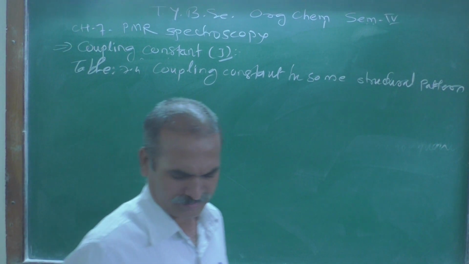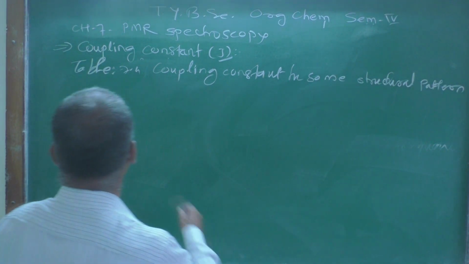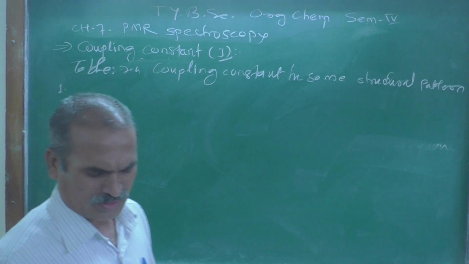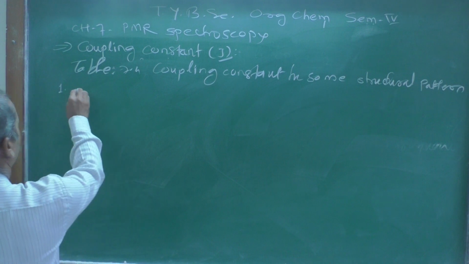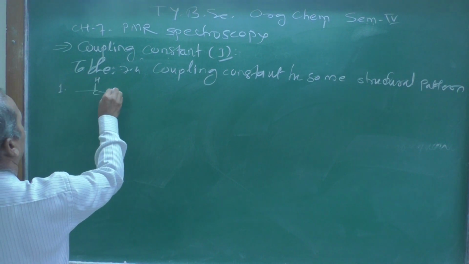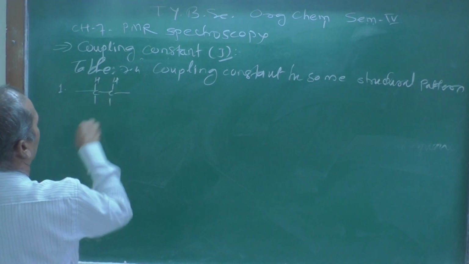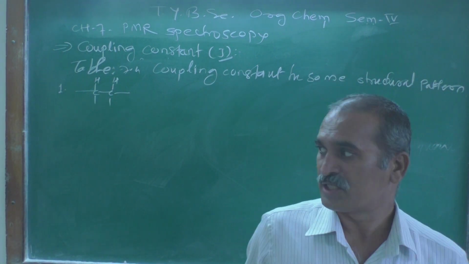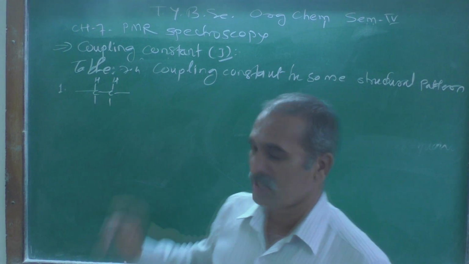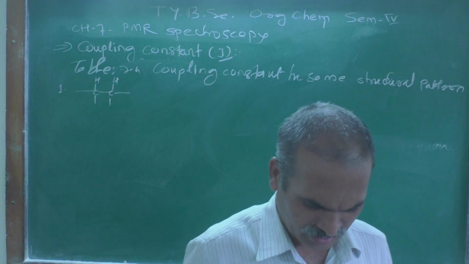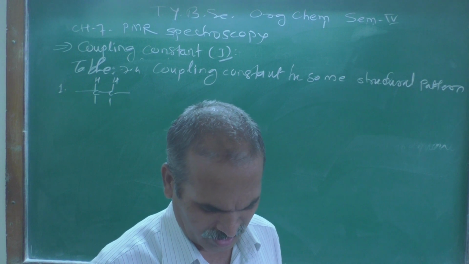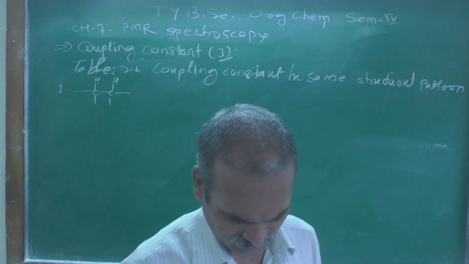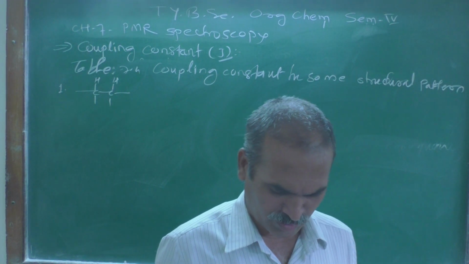Let us see, point 1. Suppose this type of structure is present, H, then C, H. This is a vicinal coupling. Saturated carbon atom, sp3 hybridization, vicinal coupling is there, that is alkane, and free rotation about the carbon single bond is possible.